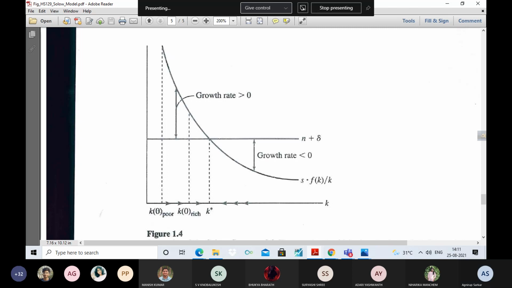And these countries which have comparatively lower values of capital to labor ratio tend to catch up or converge with the countries with higher capital to labor ratios, because by virtue of having a smaller initial capital to labor ratio, their growth rate of capital to labor ratio is higher.